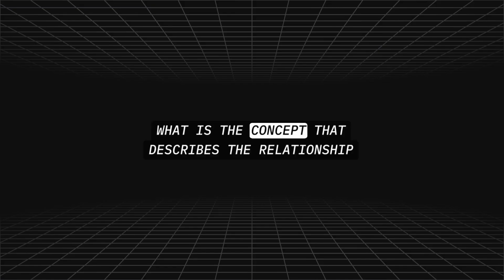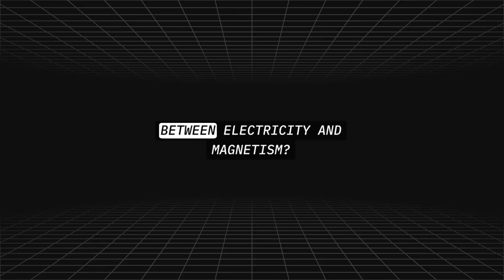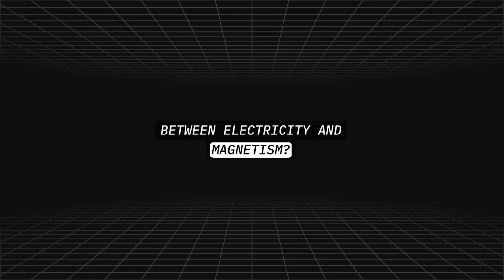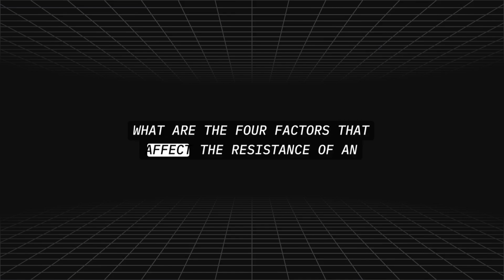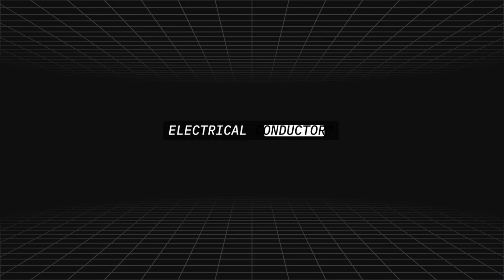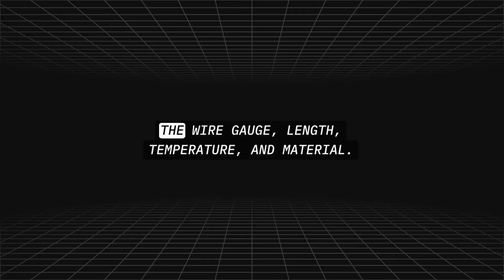What is the concept that describes the relationship between electricity and magnetism? Electromagnetism. What are the four factors that affect the resistance of an electrical conductor? The wire gauge, length, temperature, and material.